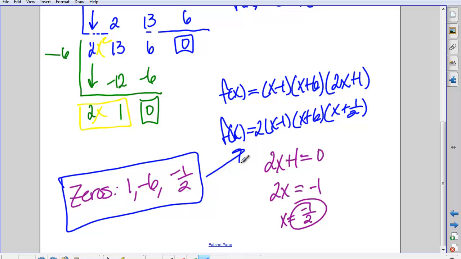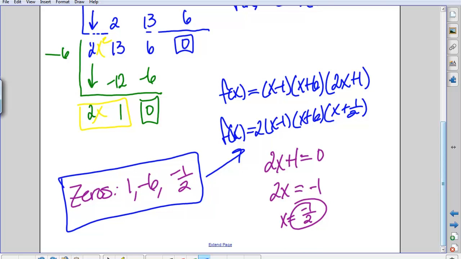Now there's one part that I've left out. There's one other piece of this that is incredibly important and incredibly useful that I've kind of glossed over up till now, and some of you may have thought of this already. If you'll recall, when we introduced polynomial functions, we said that the zeros are the same as the x-intercepts, right?